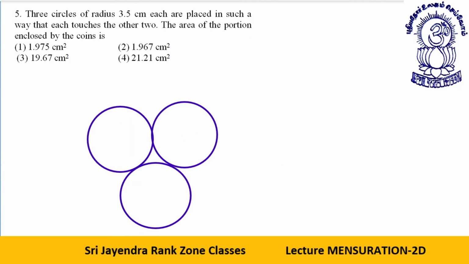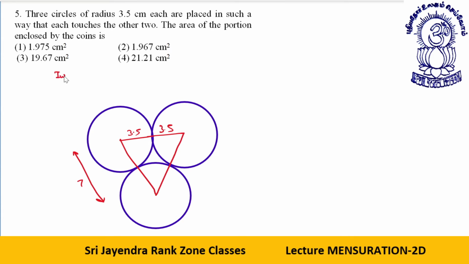Three equal circles. I join their centers. Let's say each has radius 3.5. This is 3.5. 3.5. I join this like this. I am joining all the centers. 3.5. So this is 7. So every side is 7 centimeters.